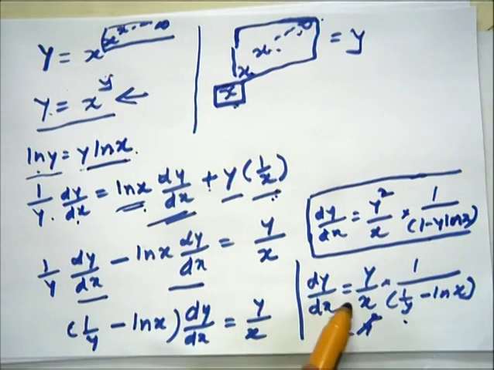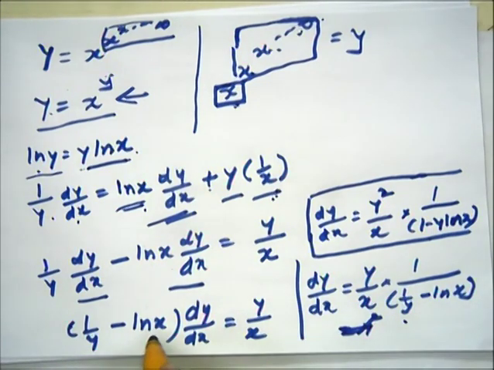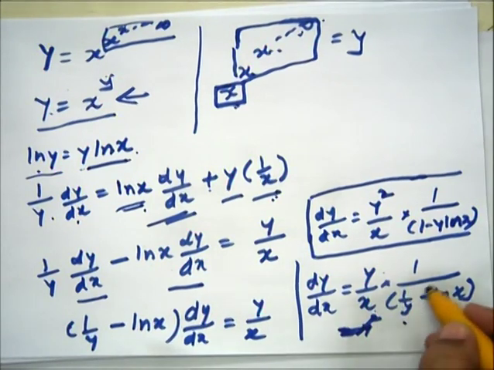Now if we take this term on the opposite side, it will be in the denominator, so it is y by x into 1 upon 1 by y minus log x.